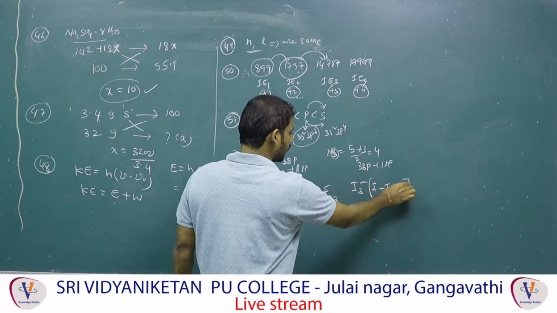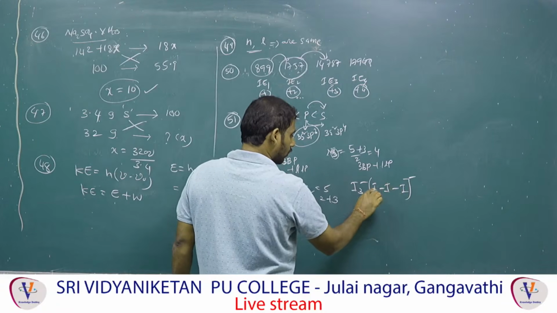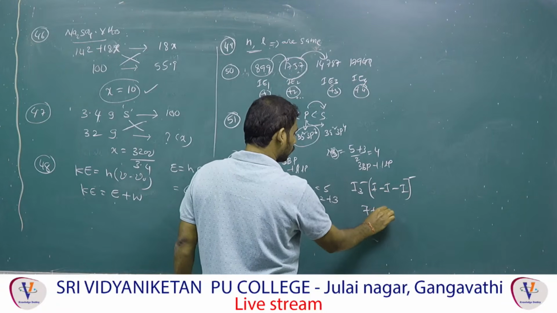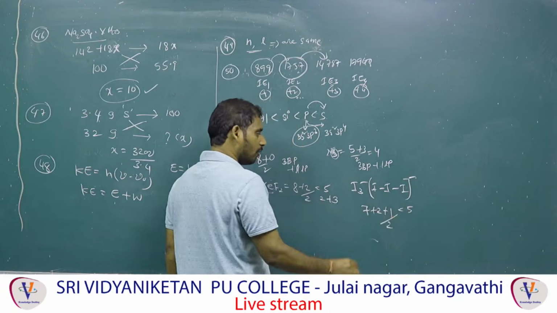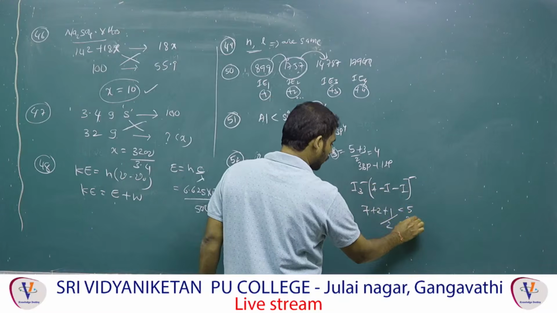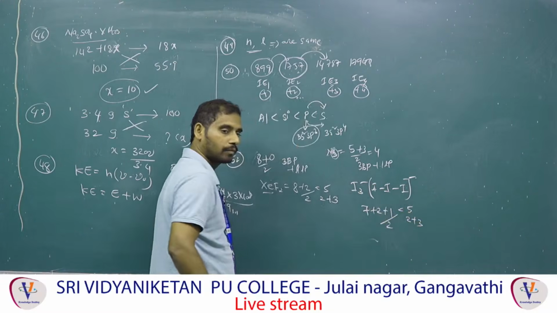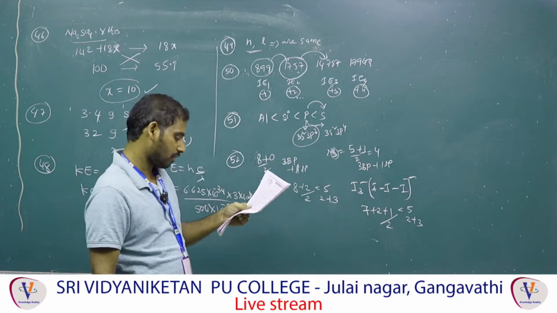Central atom 7, halogens 2, minus charge plus 1, by 2. How much? Again 5. How many bond pairs? 1, 2. Except the central atom, 2 are bond pairs, 3 are lone pairs. Both are the same. Like that, you have to arrange it. The final option is the third option.